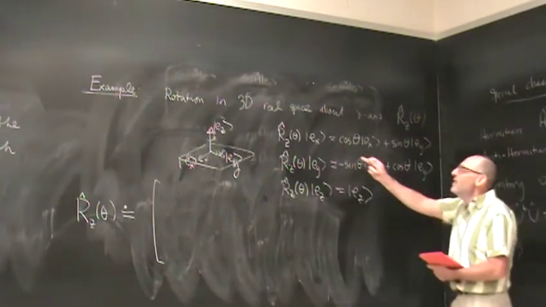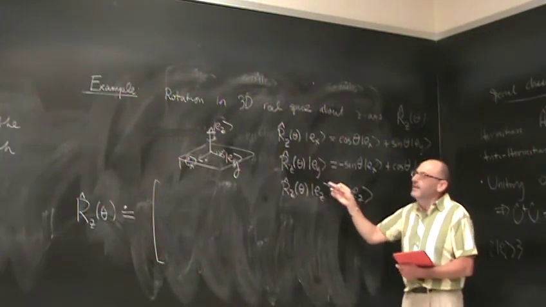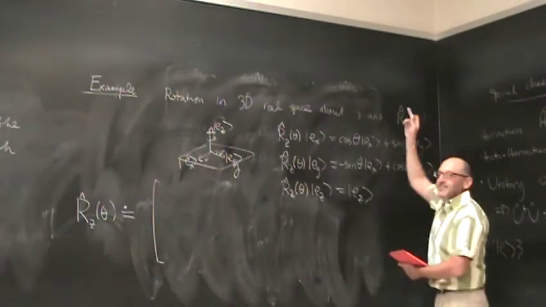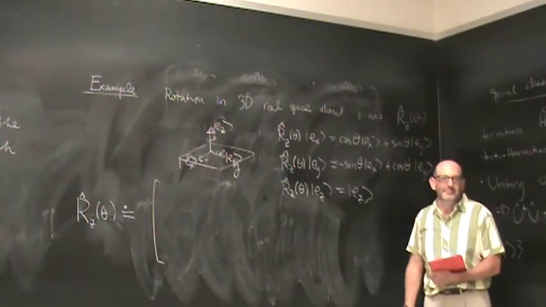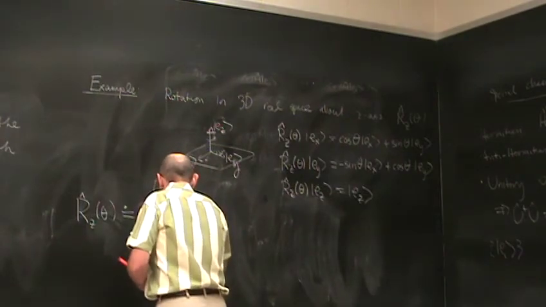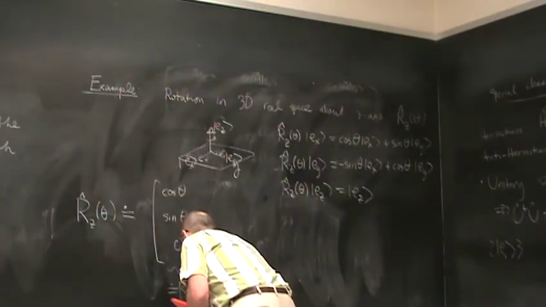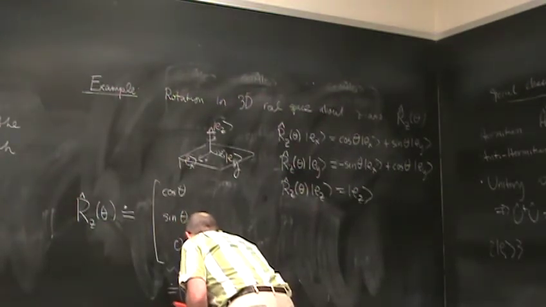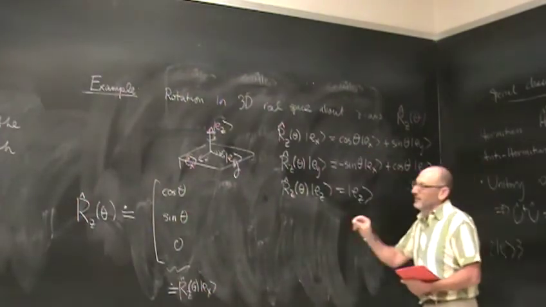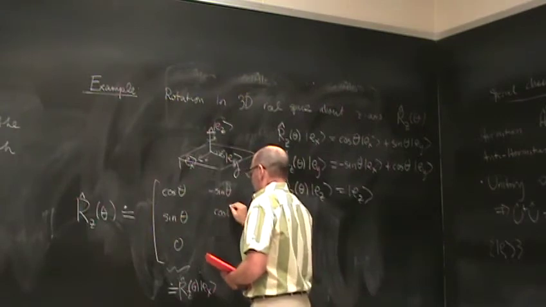If I know how the operator acts on each of the basis vectors, then I just have to write down that image as a column. So this is cos theta, sine theta, 0. That is the representation of the operator acting on the first guy. Minus sine theta, cos theta, 0.